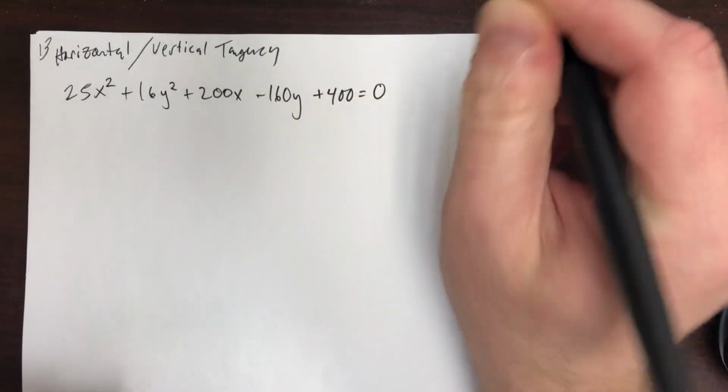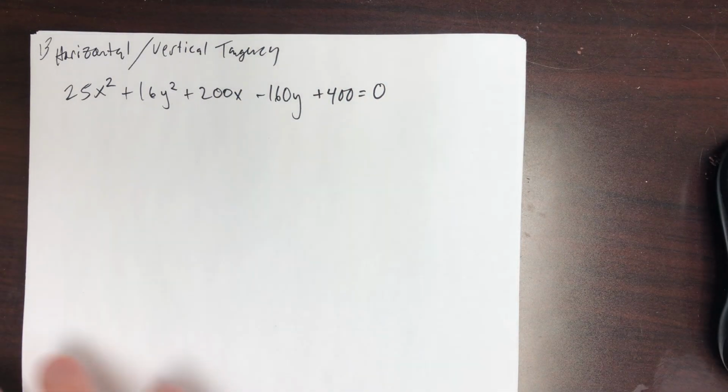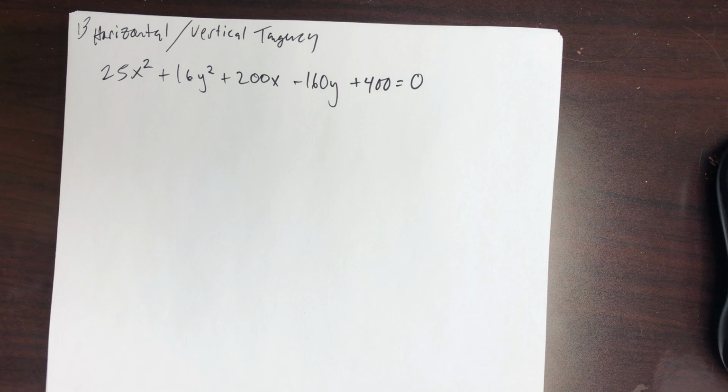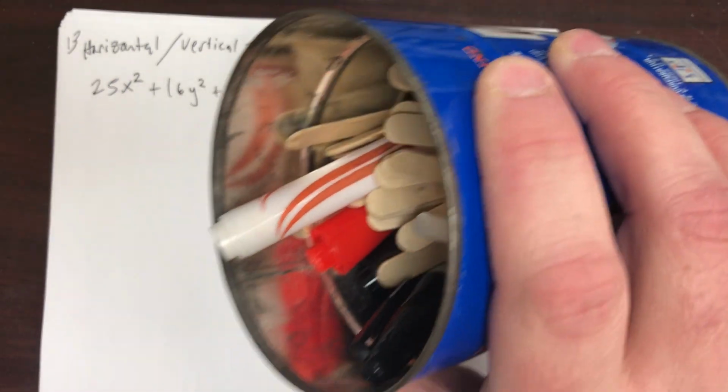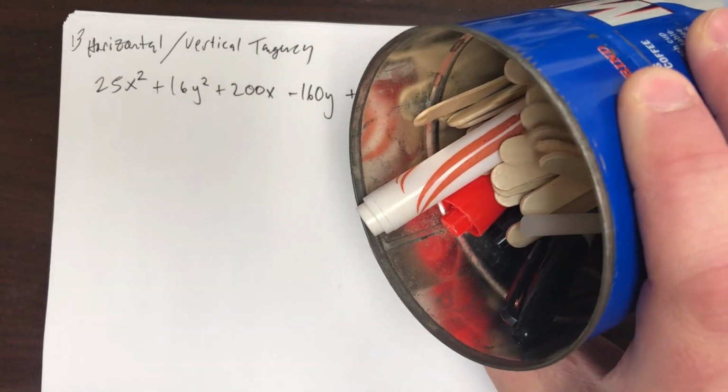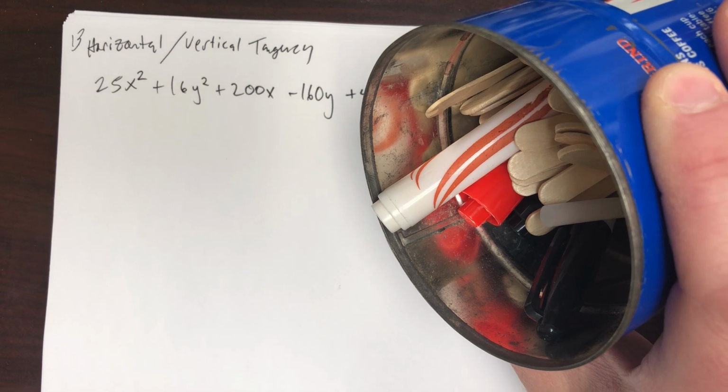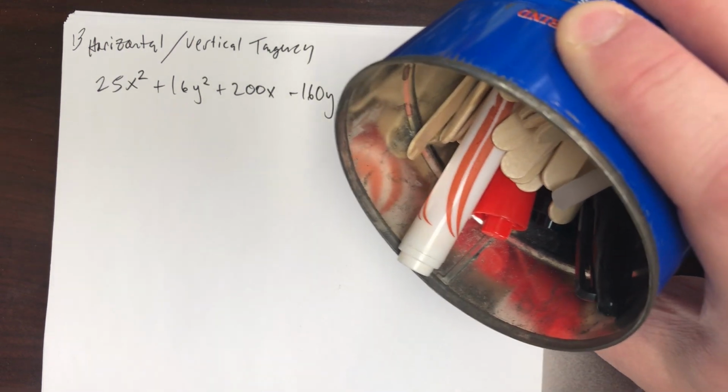There's a special topic you can do in pre-calc called conics, and it's examining all these different shapes that you get from cutting cones in different directions. This is actually the equation of something called an ellipse. If you think about having a circle and look at the shape that circle makes at this angle, that oval is an ellipse.